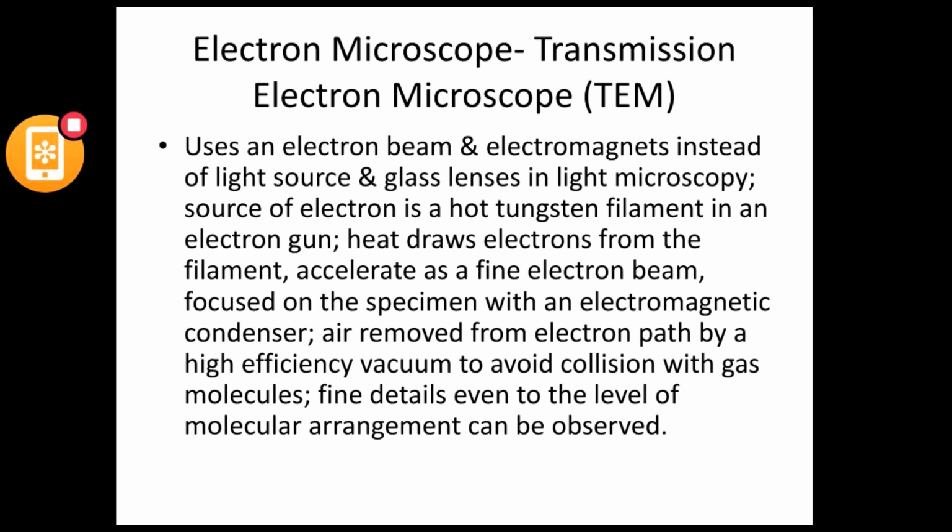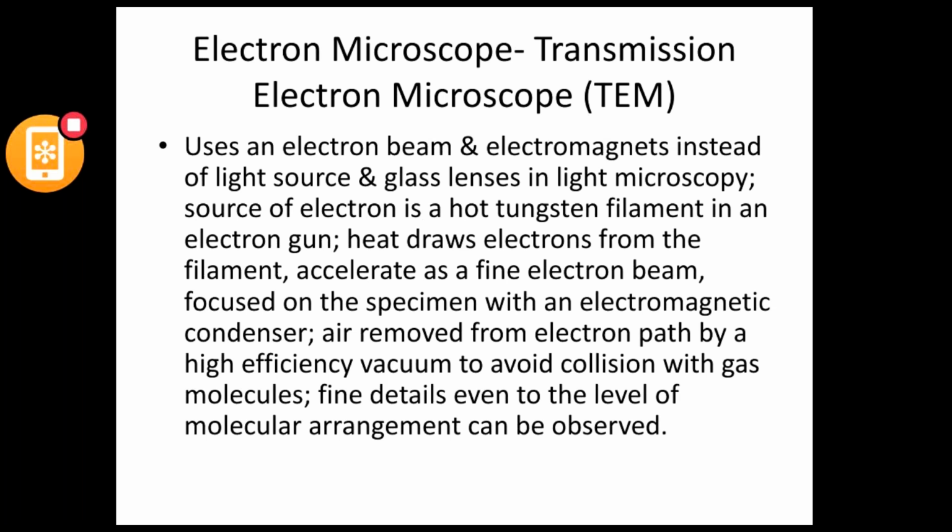gas molecules. Clear? Now, finally, in transmission electron microscope or TEM, fine details of a specimen, even to the level of molecular arrangement, can be observed. So, in light microscopy, the maximum we can observe is a bacterial cell or a fungal cell or an algal cell.